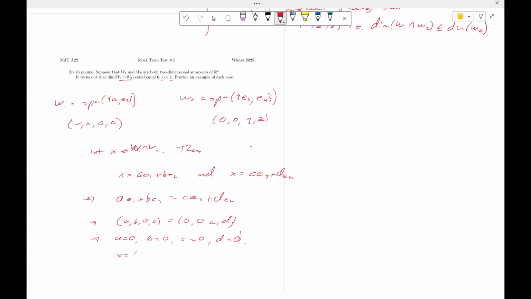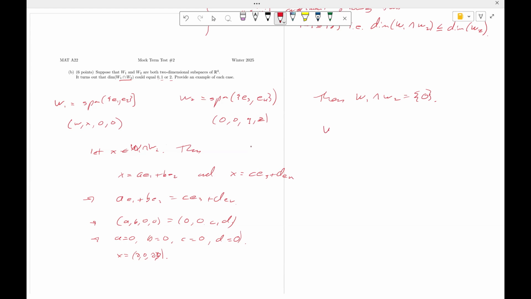So x equals the 0 vector. Thus, W1 intersect W2 equals the set containing the 0 vector. Lovely. That means that when you take the intersection of the two sets, you have dimension 0. Now, we want one overlap.